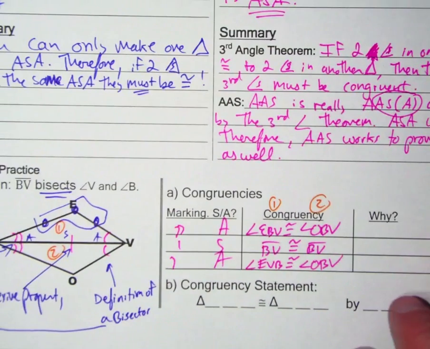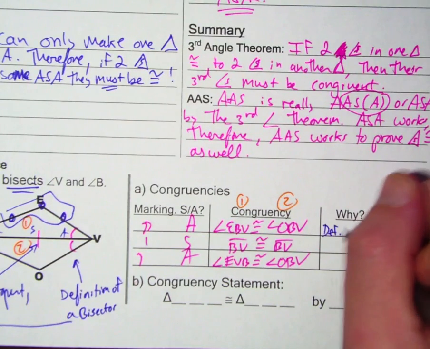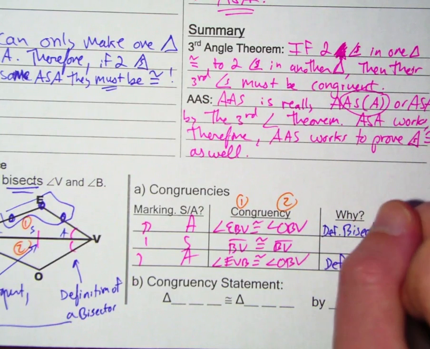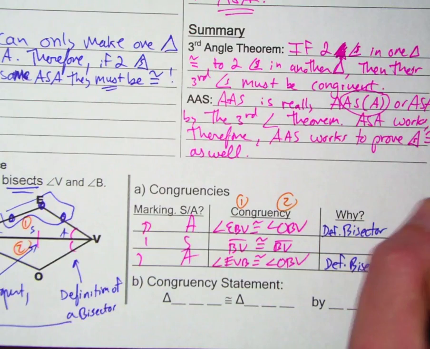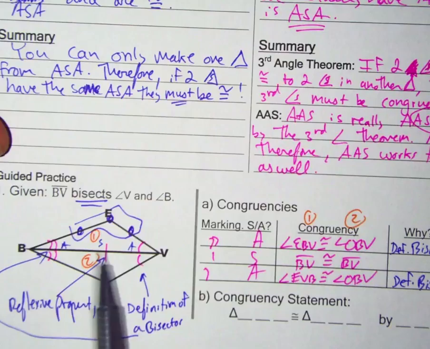Let's talk about our reasons why. The reason why for the double arc is definition of a bisector, and also for the single arc. And it says here reflexive property for the single tick.